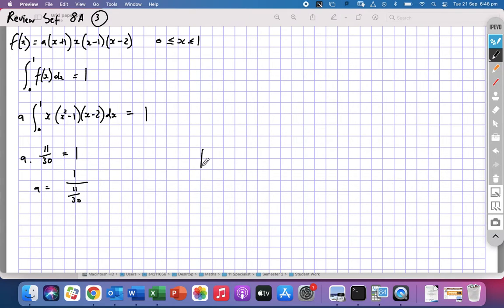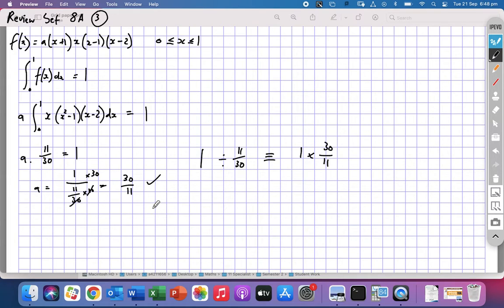If you like thinking about dividing fractions as the same as timesing but flipping the second fraction, then you'll see a has to be 30 on 11. Or if you like, think about how could I convert that into a single number. I'd have to times by 30 so that they cancelled out, but then I'll have to do it on top as well, otherwise I'd change the fraction.